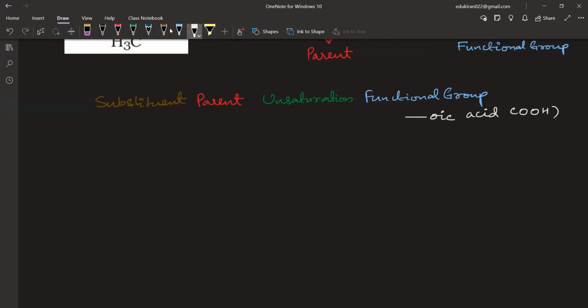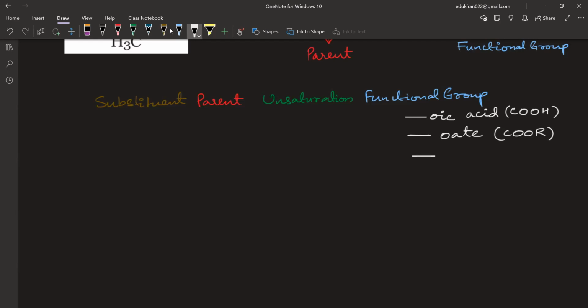COOH. Very good. Now after this, I should be writing sulfonic acid here, but sulfonic acid is rarely used. That is why I will write the next common case, that of oate. Oate is used when you have COOR, that is an ester group. We will be naming esters widely in the chapter alcohols, phenols, and ethers.